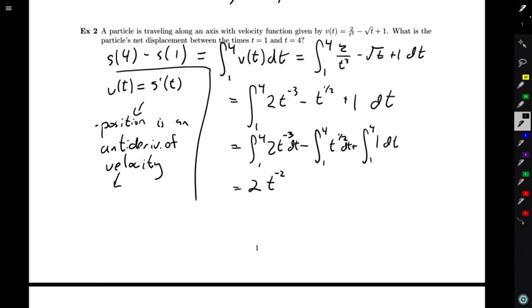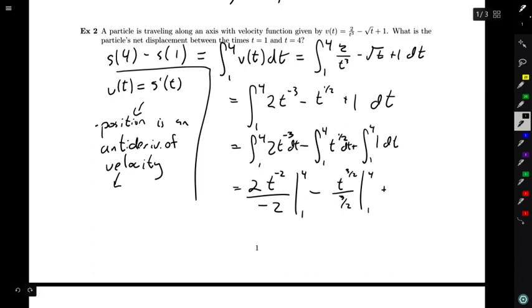I have to divide by the new exponent. And now I've integrated that function and I'm evaluating from 1 to 4. Increasing the exponent 1/2 by 1 gets me up to t to the 3/2, and I have to divide by the new exponent there and evaluate from 1 to 4.